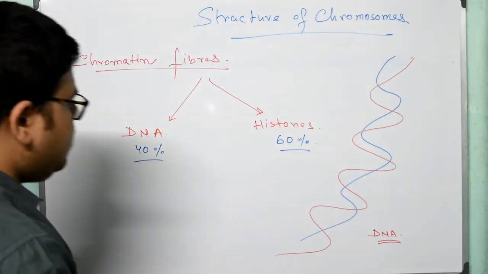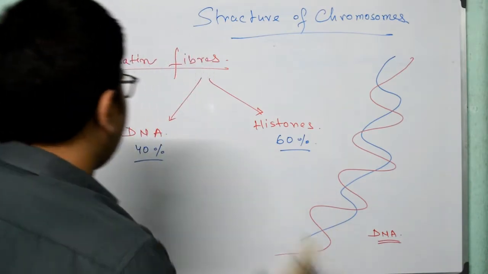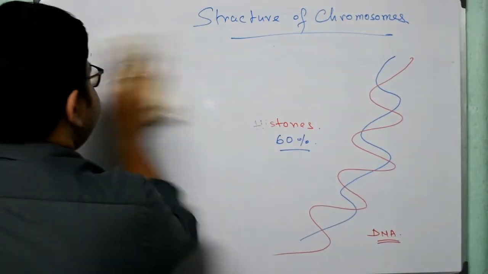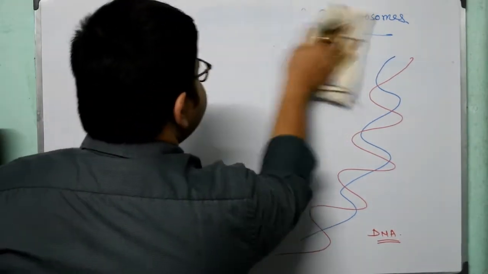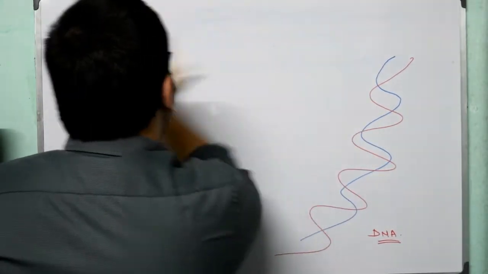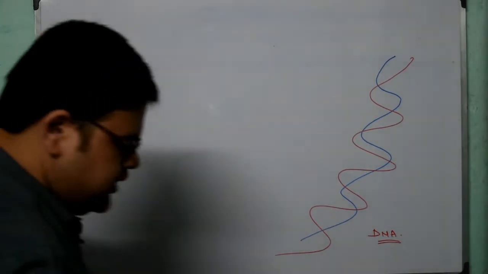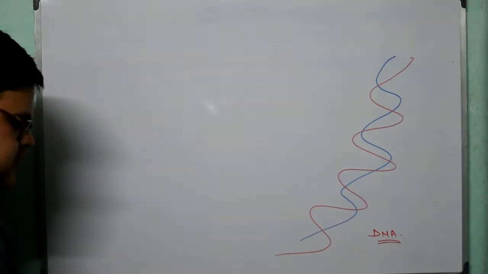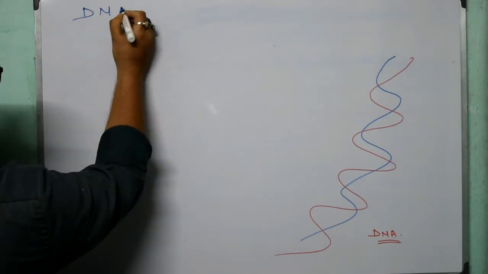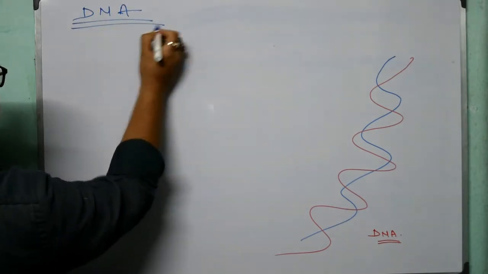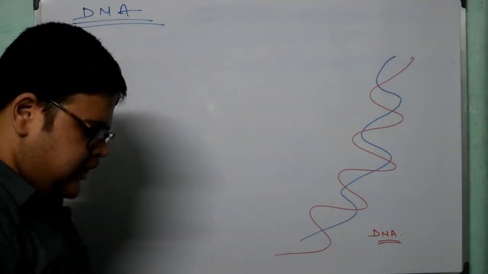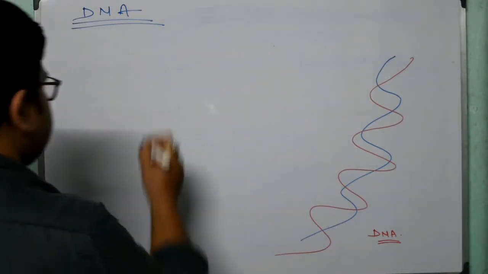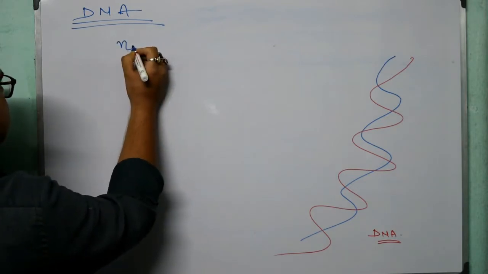So, let me quickly come here. Study about DNA. This is the same chapter, chapter 2, structure of chromosome, cell cycle and cell division. Now each single DNA strand is composed of repeating nucleotides.